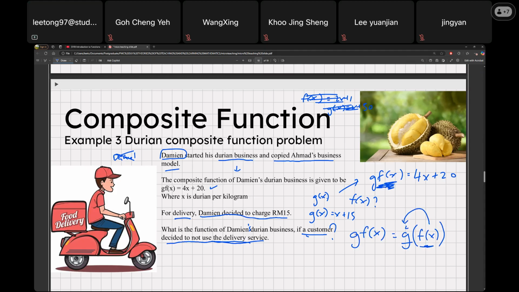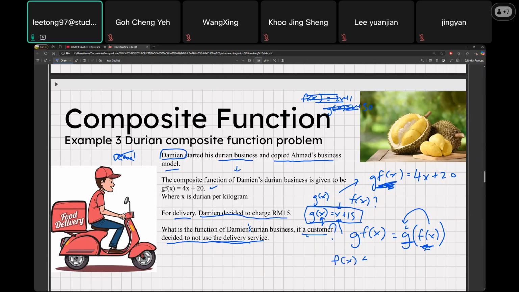What is function g? x + 15. So f(x) is our object, so f(x) will be replacing this x, because x is also the object of g.